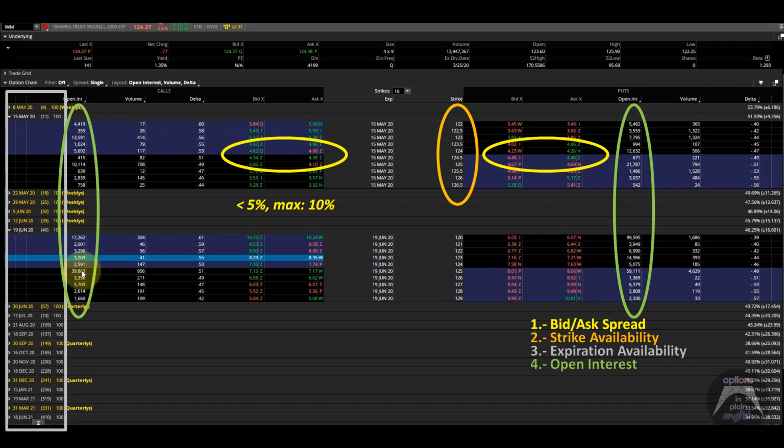Now, it's important to notice that depending on the type of transaction, the open interest changes. Sometimes it will add to this number, sometimes it will subtract from this number, and sometimes a transaction will not modify the number of contracts represented in the open interest.